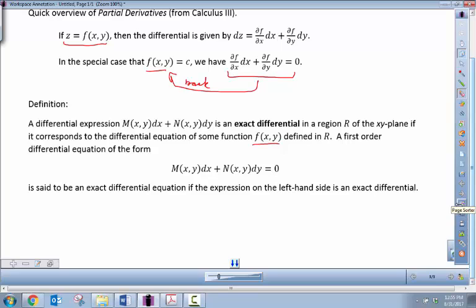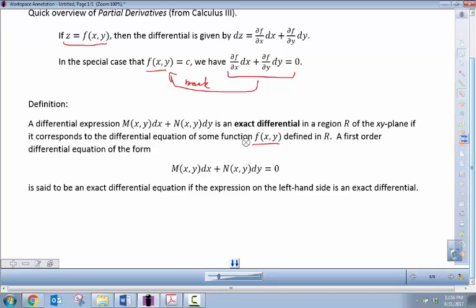So what we need to do is basically use some Calc 3 techniques to try to obtain the original function f. Now, this is the formal definition of an exact differential equation, and that's another way to categorize a differential equation. But according to this definition, we would have to solve for it first to be able to figure out if it's exact or not. Or we need to know f of x first.